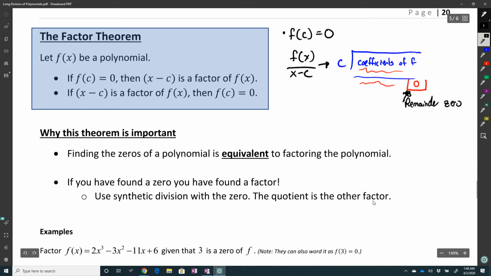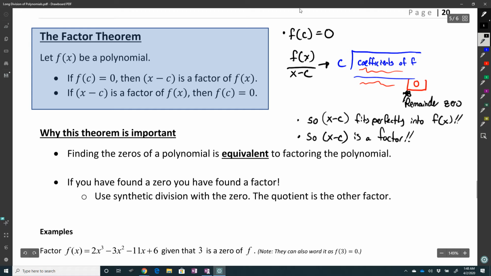Which means it's a perfect fit. Now the other word for that is it's a factor. So that's the factor theorem.